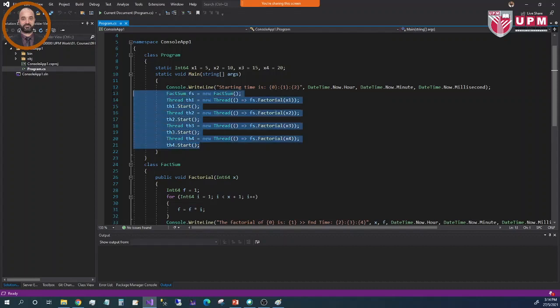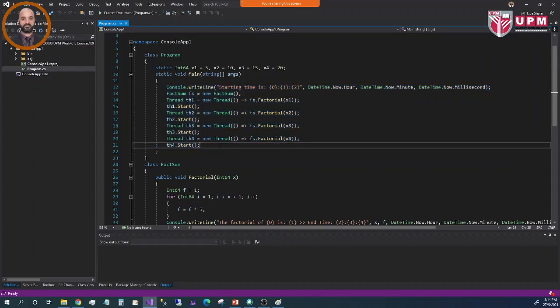Anyone could answer? Could we make this part, the initialization of the threads, parallel? Yes. No. We cannot make it parallel. Why? Because this is the start point, and the start point of any application must be sequential.